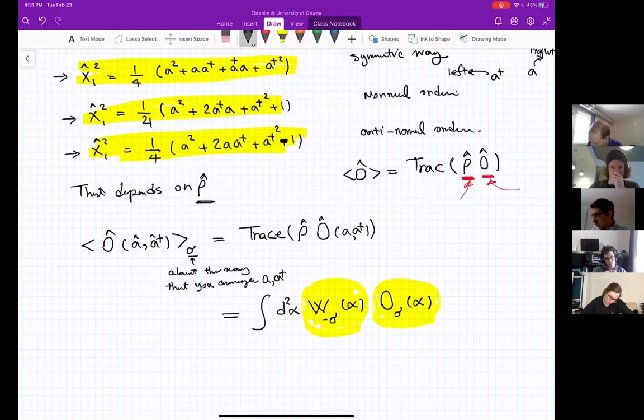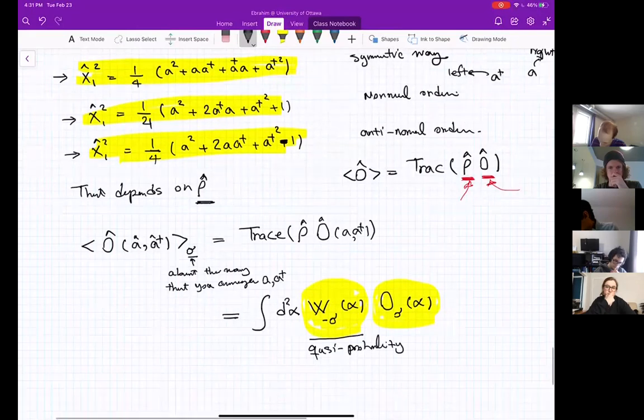But remember that in some cases, it is extremely simple to do the calculation, and we are fighting so that we could do the calculation more easily in some cases. And remember, we call these quasi-probability distributions.